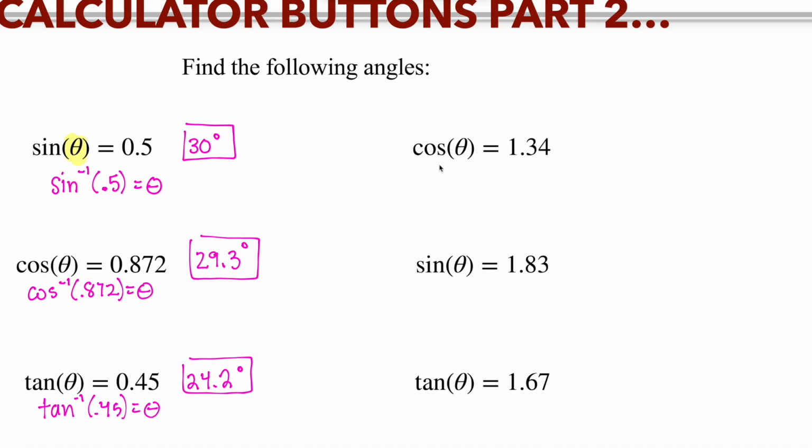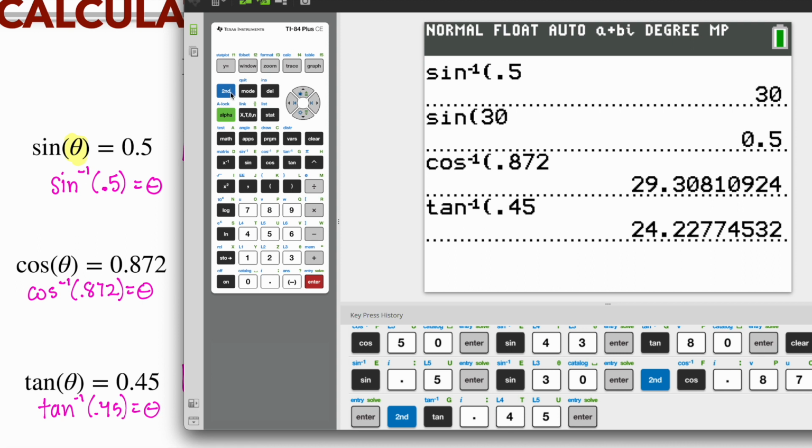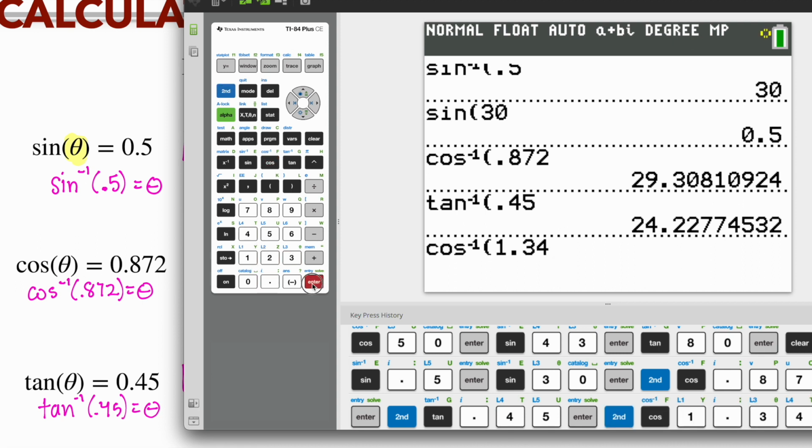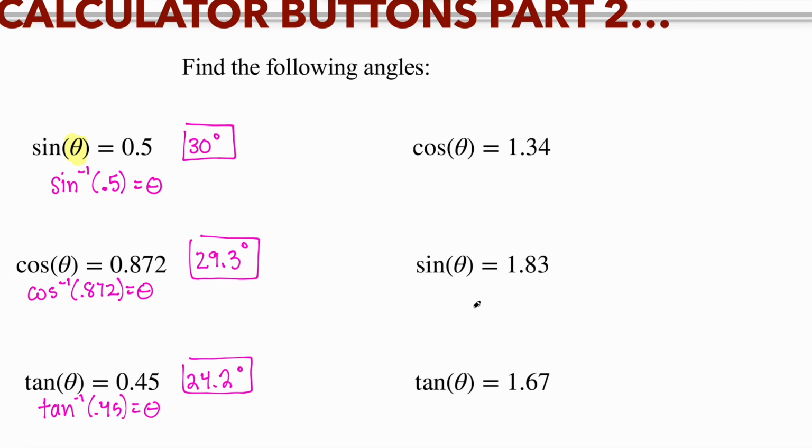Now on this side, if you were to attempt these, something would happen. If I do the second cosine of 1.34, you actually would get an error. Same thing with sine. If you do the second sine of 1.83, you would also get an error. And here's what's happening.